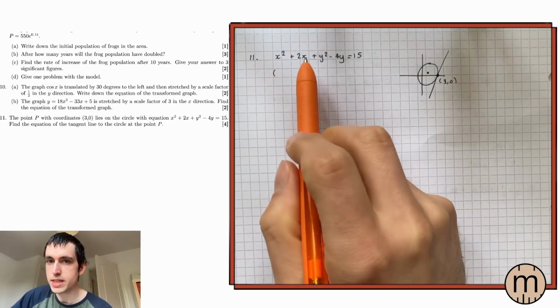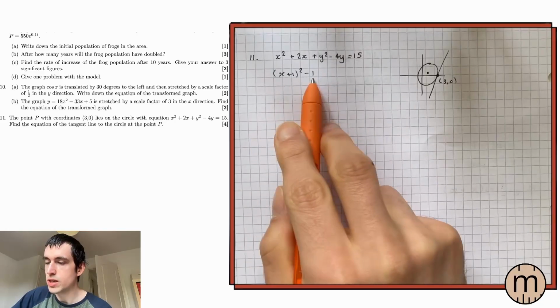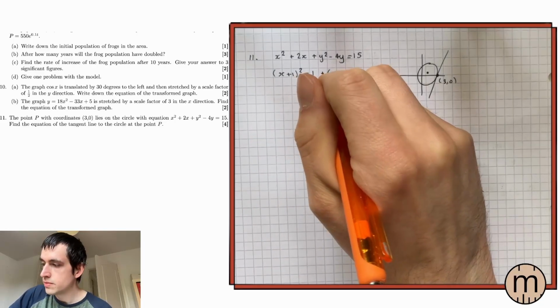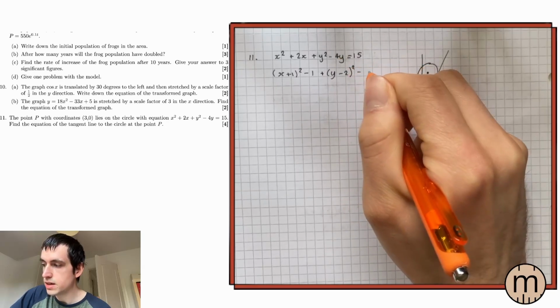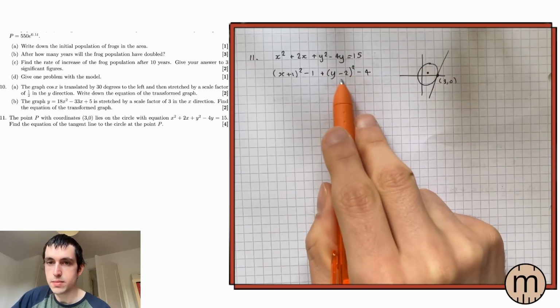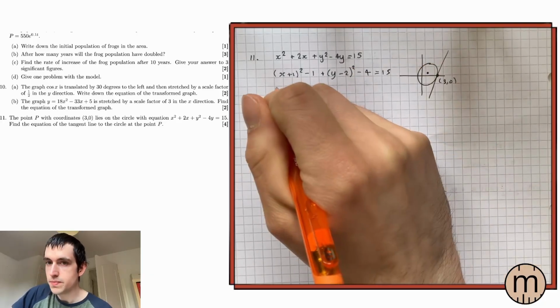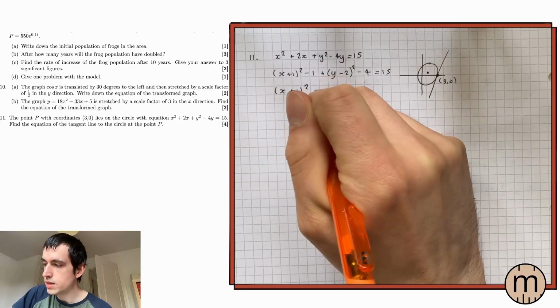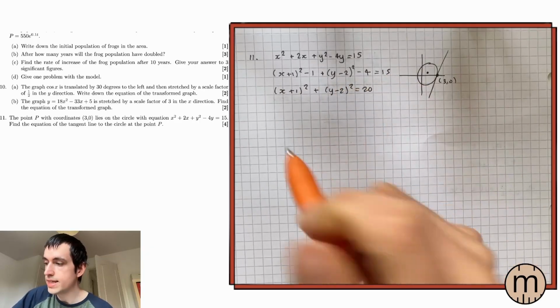To complete the square, I'm going to take the 2 and I'm going to half it. And then I'm going to subtract 1 squared. For the y's, I'm going to subtract 2 because I'm halving it. And then I'm going to subtract minus 2 squared, which is 4. That should be equal to 15. So x plus 1 squared plus y minus 2 squared is equal to 20. And that tells me what the centre is.